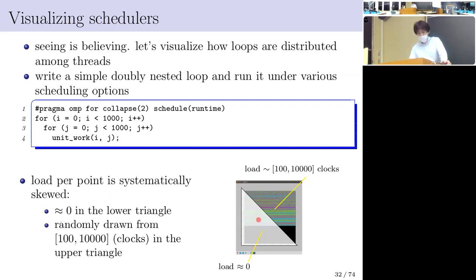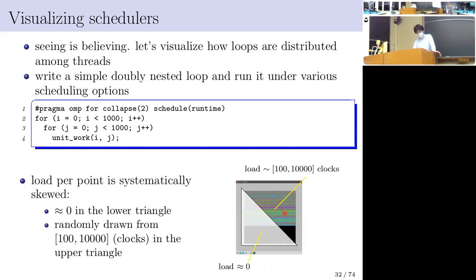I made the amount of work essentially zero in the lower triangle. So in this region, there is almost no work, and these iterations will finish very quickly. In the upper triangle, it is randomly drawn from 100 to 10,000 clocks.